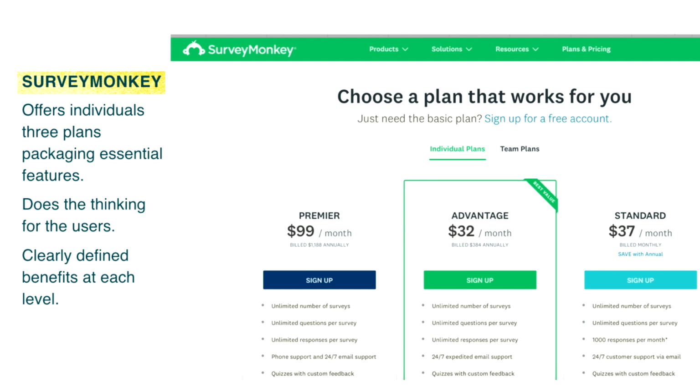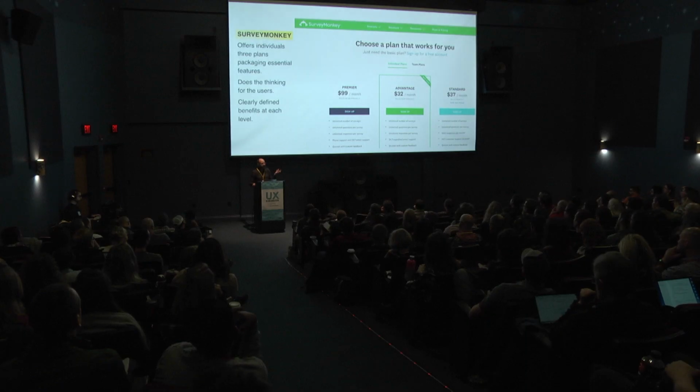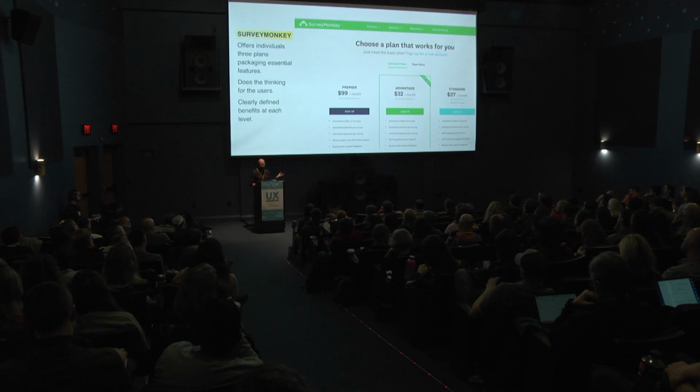Thinking about it from a content presentation, I know we're going to have a speaker today on, I believe, content strategy. Are you presenting information broken into ways that people think is logical? Are people having to hunt and find information all over your site or use your experience in a way that doesn't make sense to them?